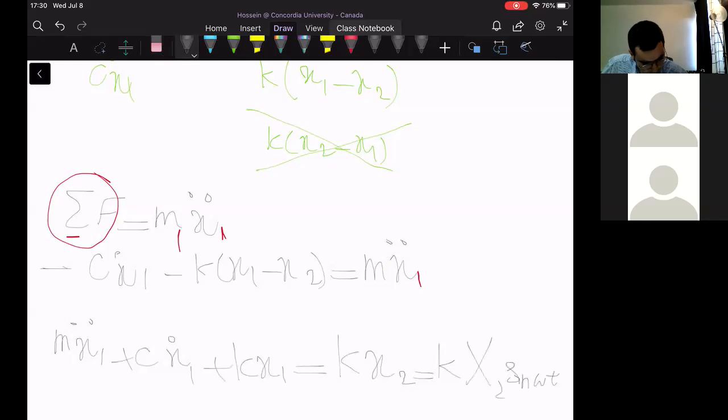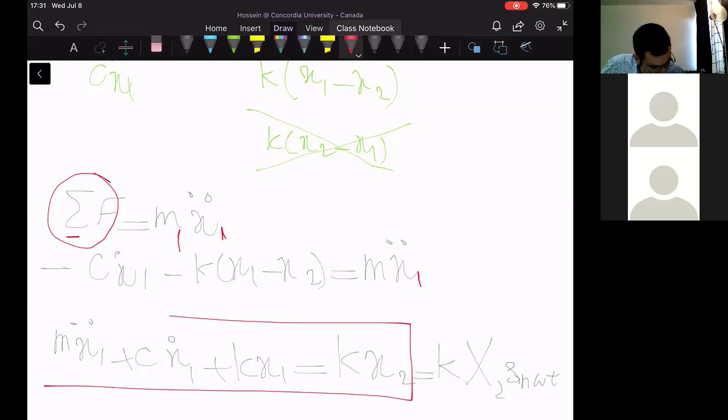This is the equation of motion. We are done with the first part, the equation of motion.